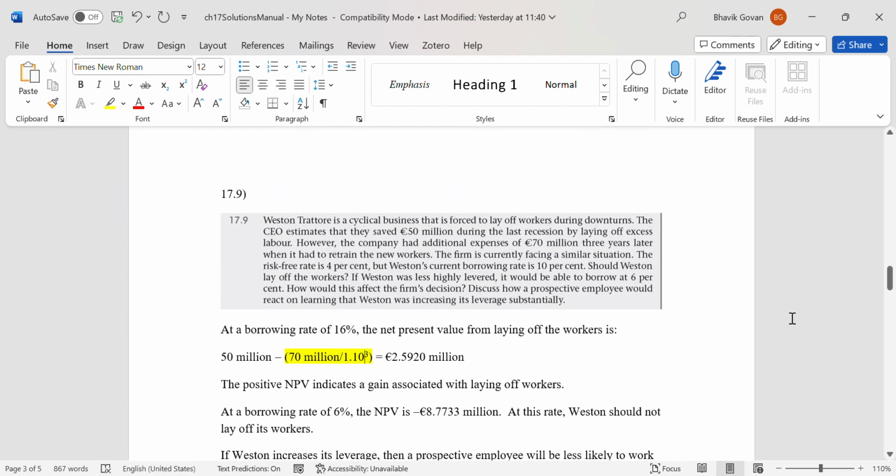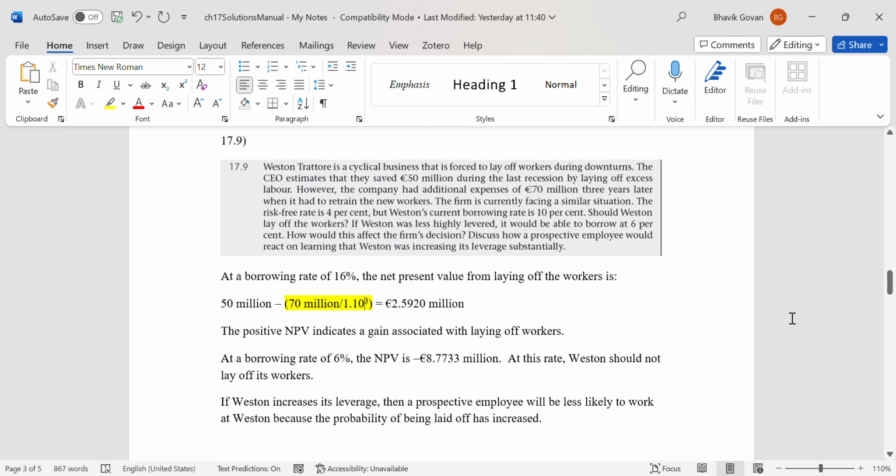And then the last question which I wanted to go through was 17.9. We've got Western Tretor, which is a cyclical business that's forced to lay off workers during downturns. The CEO estimates that they saved 50 million during the last recession by laying off excess labor. However, the company had additional expenses of 70 million 3 years later when it had to retrain the new workers.